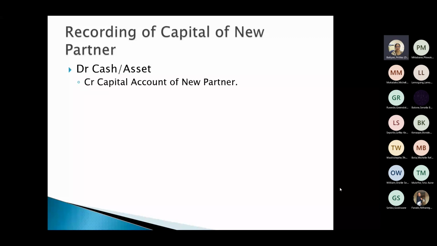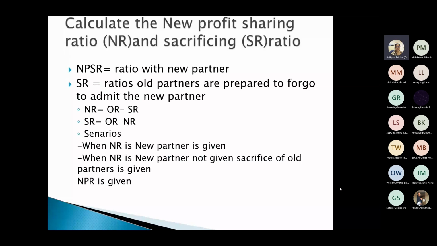So the valuation of the asset or cash has to be recorded on the debit side, and the partner's capital account will be credited. When the new partner brings the capital, it has to be recorded in the capital account and the cash account or asset account. Then they also need to calculate the new profit loss sharing ratio.